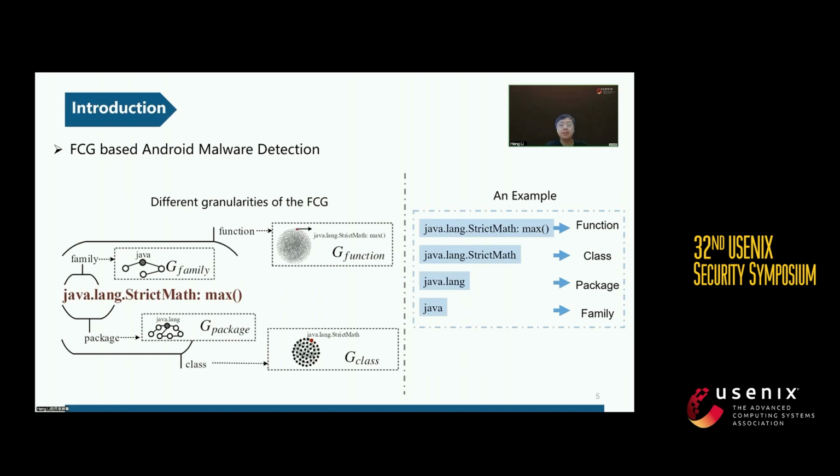We give a detailed explanation about the feature granularity in this slide. In a function call graph, a function, when abstracted, can be used to represent a node. As shown in the left figure, a function can be denoted by its function name, class name, package name, or family name. Therefore, there exist 4 feature granularities in function call graphs, which are function level, class level, package level, and family level.